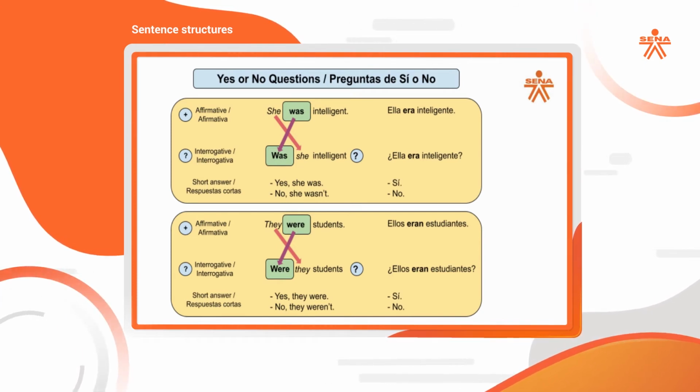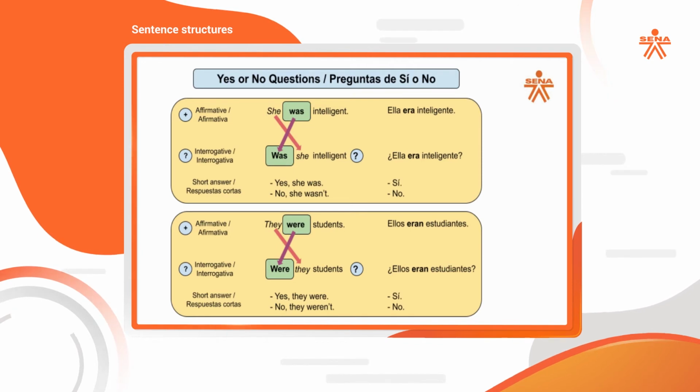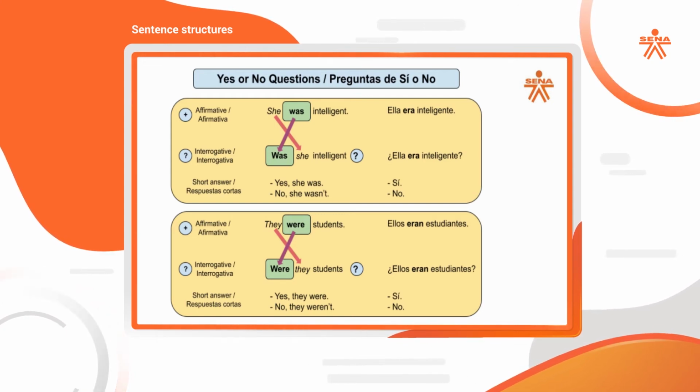But then, if you want to ask about that, ella era inteligente, it's the same order for the words. The only thing that changes is your tone. Ella era inteligente, ¿ella era inteligente? But in English, the order of the words actually changes. For example, an affirmative sentence, she was intelligent. But the question, was she intelligent?